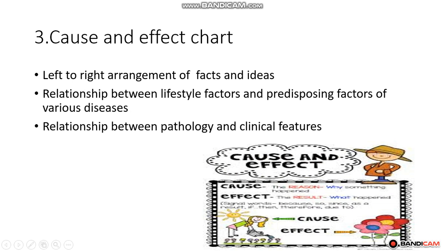Cause and effect chart. Here, a left to right arrangement of facts and ideas in the form of cause and effect. You can see in this picture very clearly. Cause: first we have started planting some small plant or a seed is kept, and every day you have to water it, and finally what is the effect?